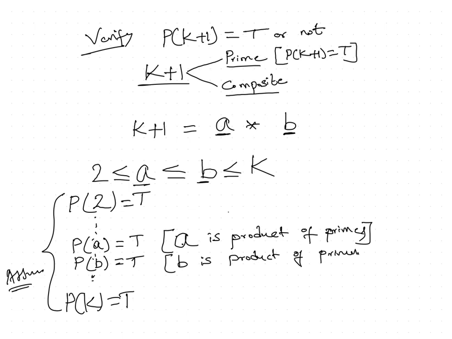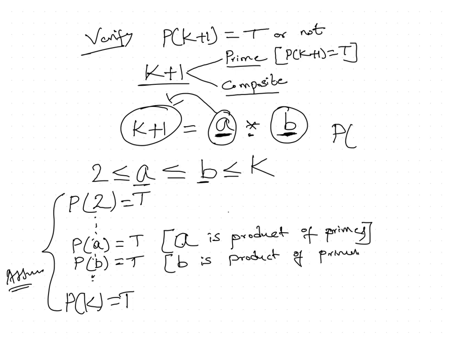Now we came to know that a is a product of primes and b is also a product of primes. So automatically a product of primes times a product of primes gives back a product of primes. So therefore I can say that P of k plus 1 is equal to true.